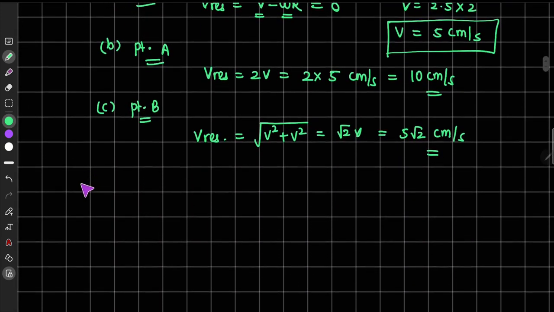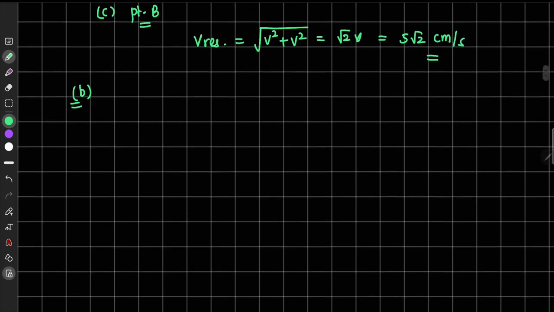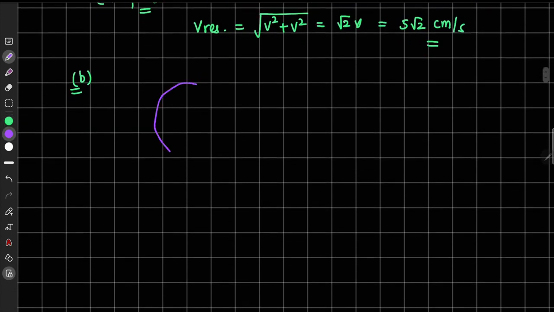Now let us talk about the acceleration. First of all, let us draw the ball again.